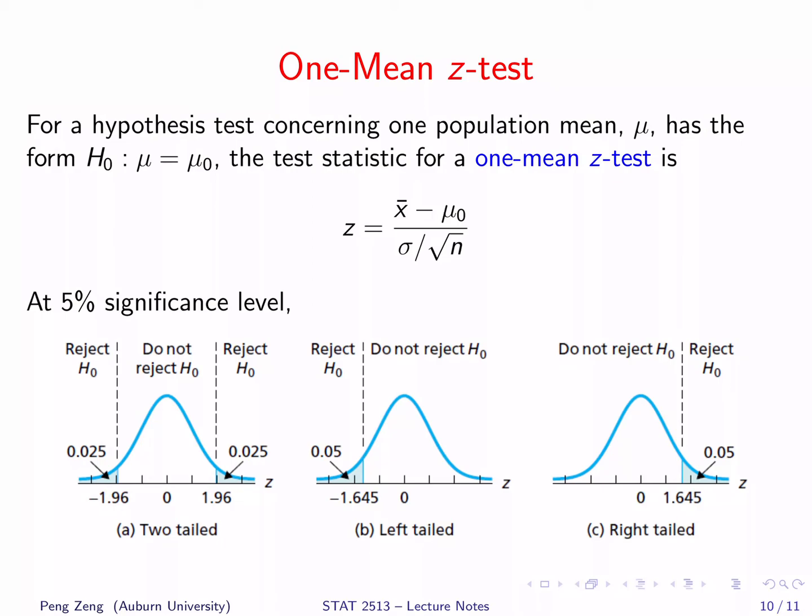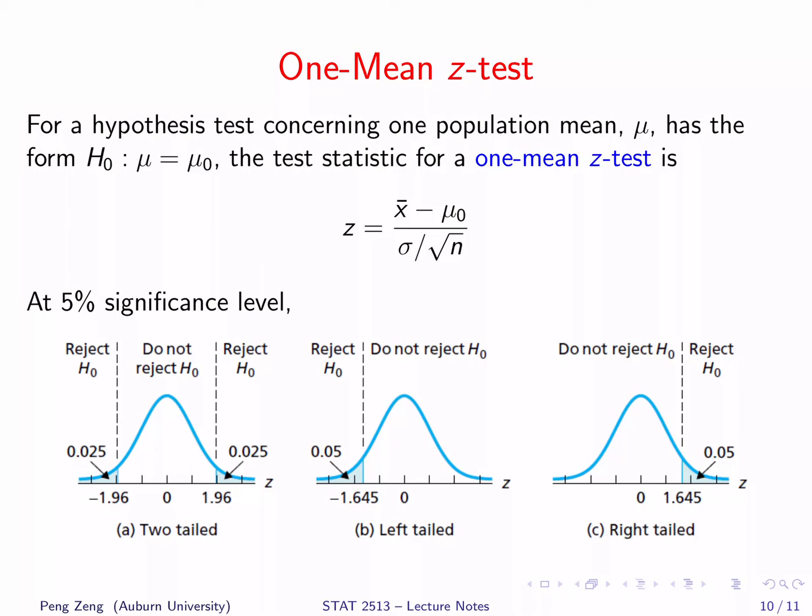As a demonstration, let's check the one-mean z-test. For one-mean z-test, the purpose is to test the population mean mu to see whether mu equals a given constant mu0. The example of graph is one-mean z-test problem. In this problem, mu0 is 275 yards.